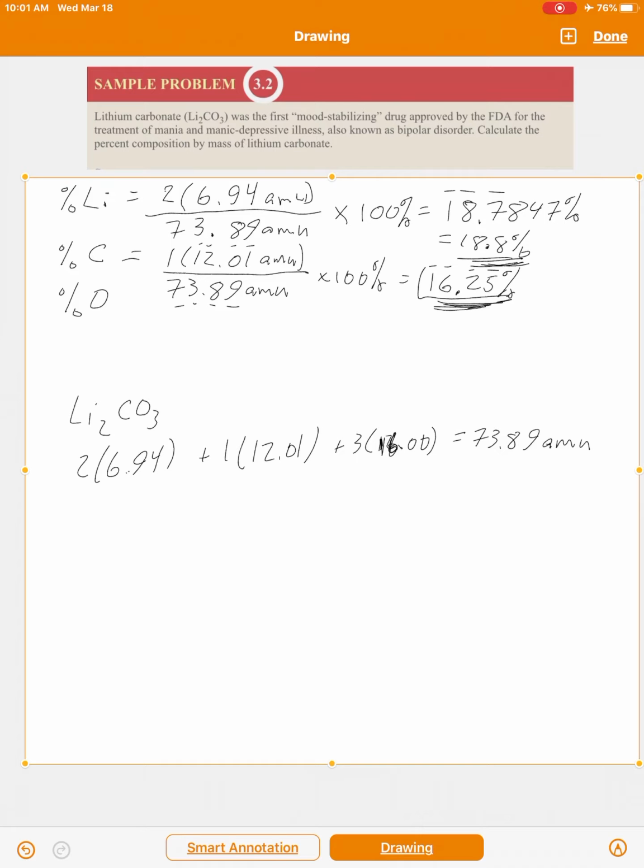We have one more element to do, that's oxygen. So for oxygen, there are 3 of them. So 3 times 16.00 AMU. We could divide that by the total weight, the molecular mass, or actually formula mass in this case. And then to convert it to a percentage, we would do that. So 3 times 16 is 48. Divide that by 73.89.